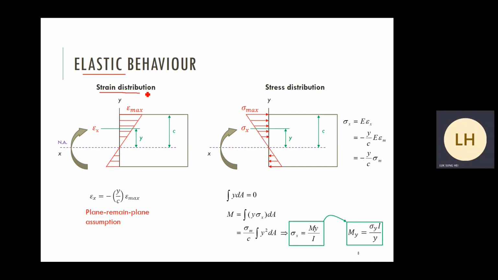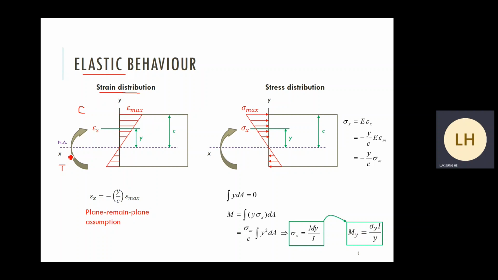Again, based on the stress and strain profile, we have a strain distribution, strain profile, on the left. For a beam under bending, assume that we have a neutral axis at this level in purple color. Above the neutral axis, based on this direction of bending moment, is in compression, below this neutral axis is in tension.